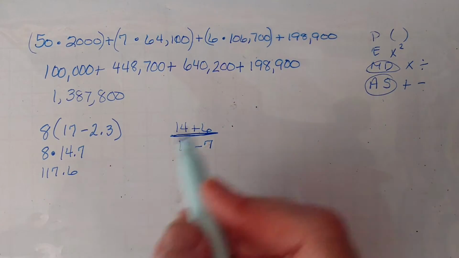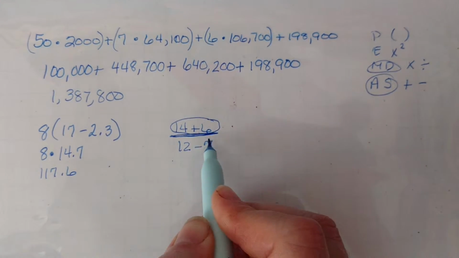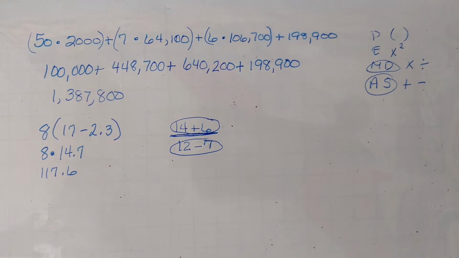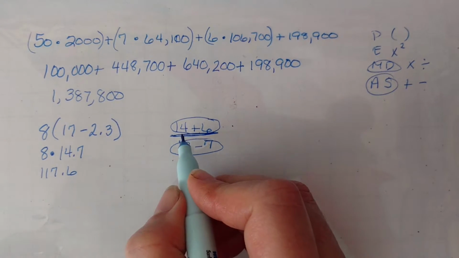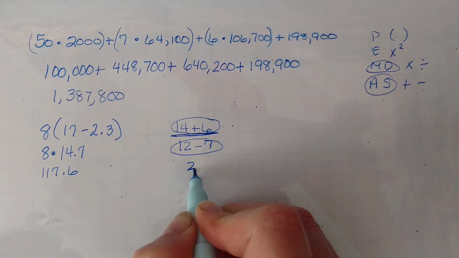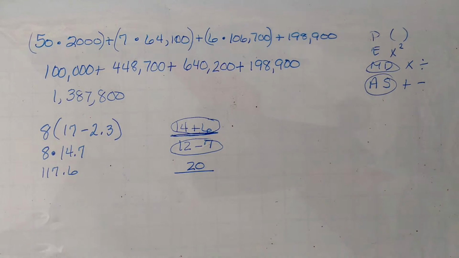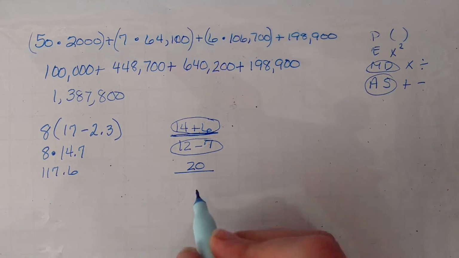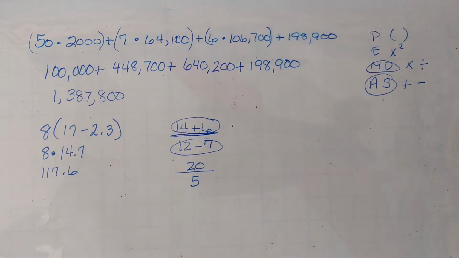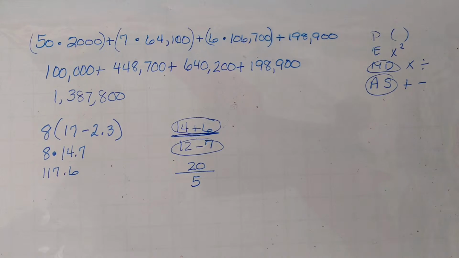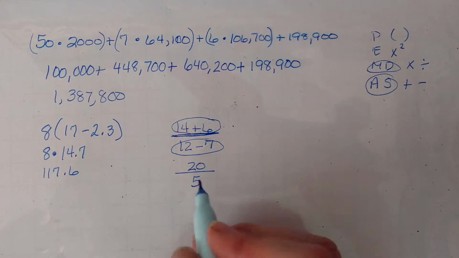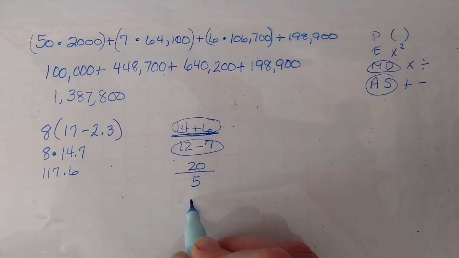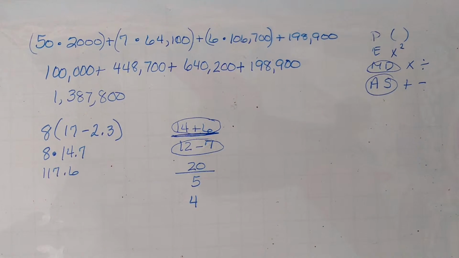That means I have to do the stuff on top of it and the stuff on the bottom of it first. It's forcing me to do that math. So I'm going to rewrite this problem as 14 plus 6, which is 20, keeping that division bar. 12 minus 7 is 5, so I end up with 20 over 5, which is a division problem. 20 divided by 5 is 4.